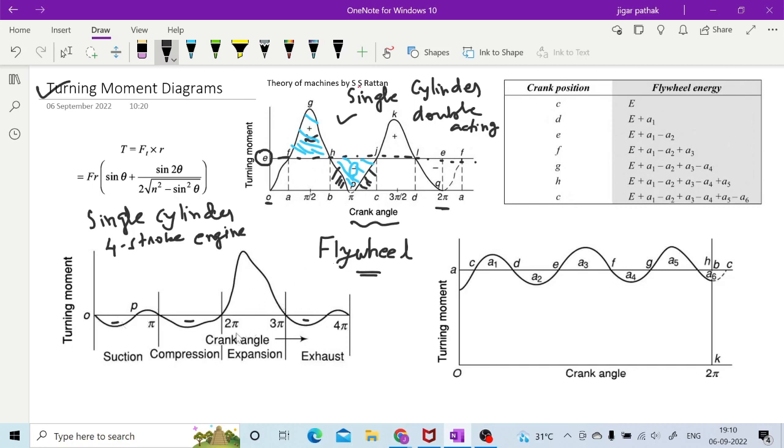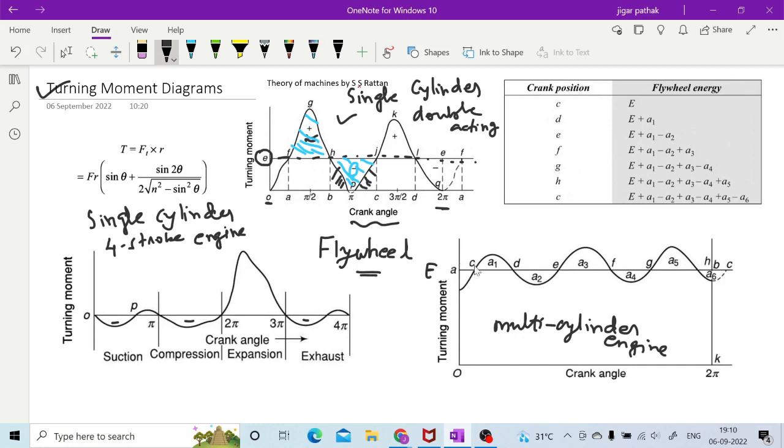So this is how flywheel is going to work in your engine, and this particular T theta diagram is for multi-cylinder engine, right. So in this we can start with here also, this is your mean energy, or mean torque, you can say, this turning moment.